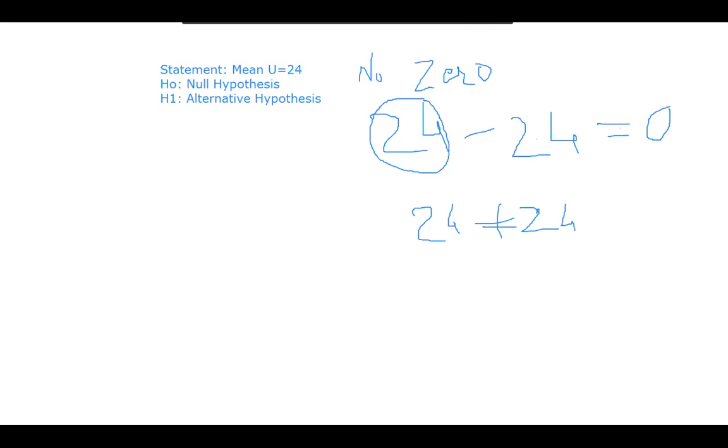After this, the first step is to write the hypothesis, null and alternative. The second step is to decide the decision rule, or you can decide alpha.